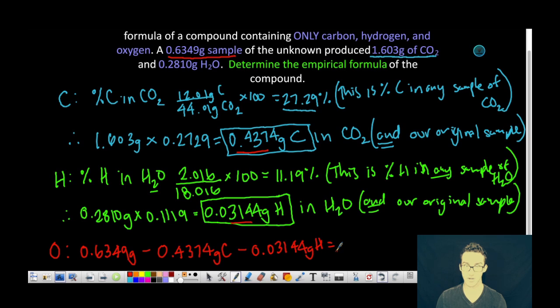And because the original compound only consisted of hydrogen, carbon, and oxygen, whatever's left over must be the mass of oxygen that was in our original compound. So we get 0.1661 grams of oxygen in the original sample.